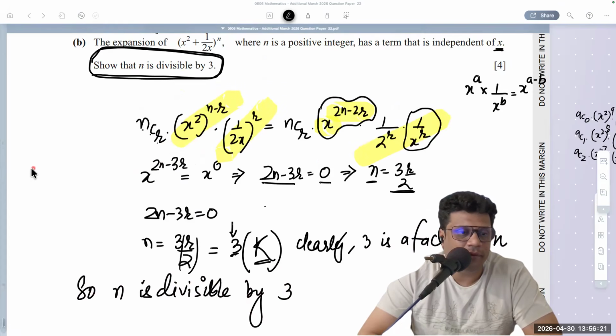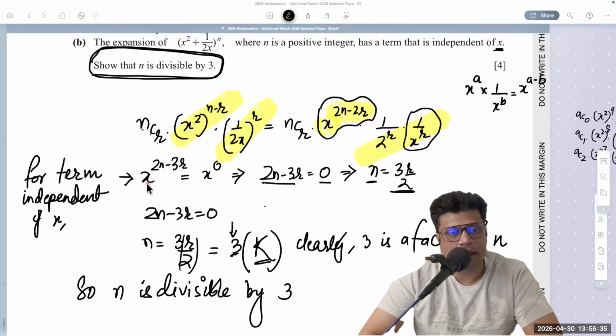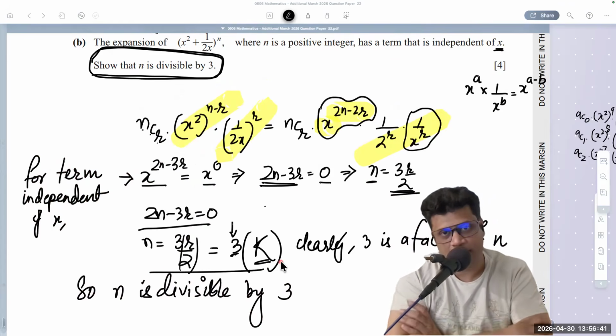Here you can tell them for the term independent of x, the power should be equal to 0, and that's how that should be our working for it.